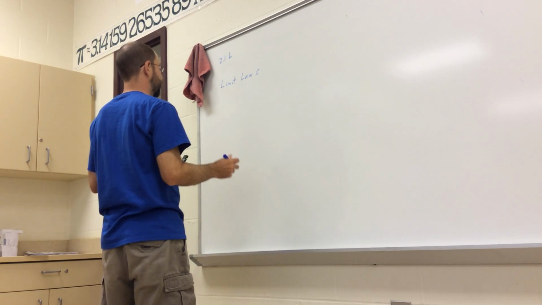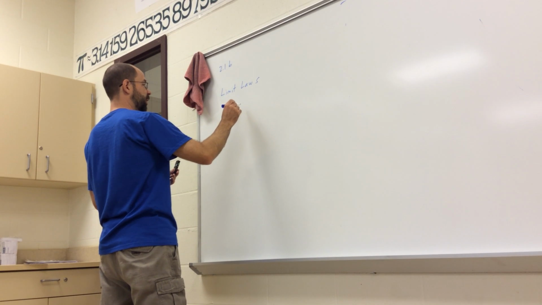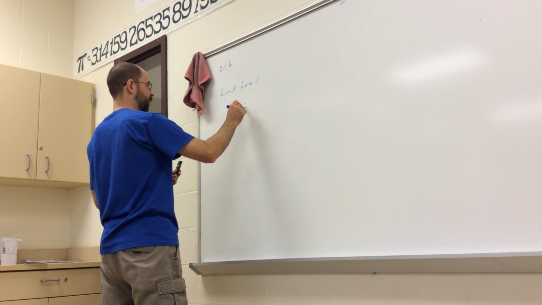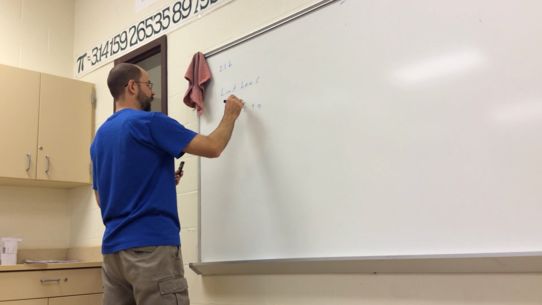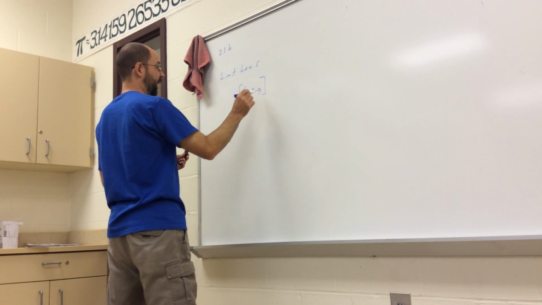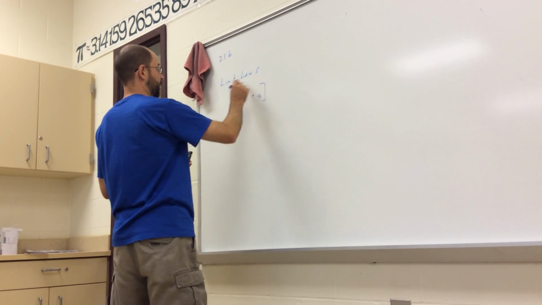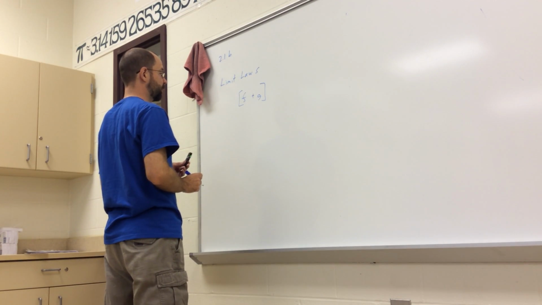So for limit laws, if you have two functions, let's call one of them f and one of them g, and those two functions are being added together to make another function called f plus g.